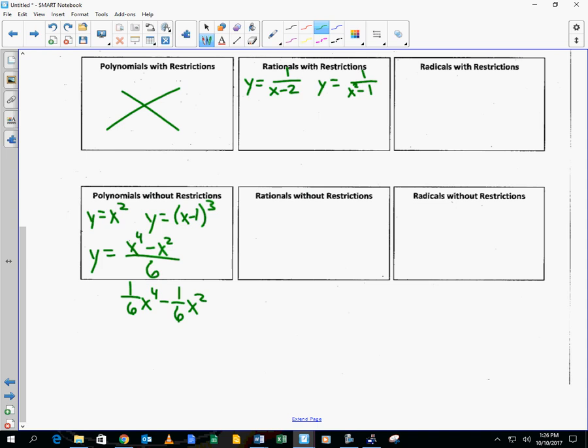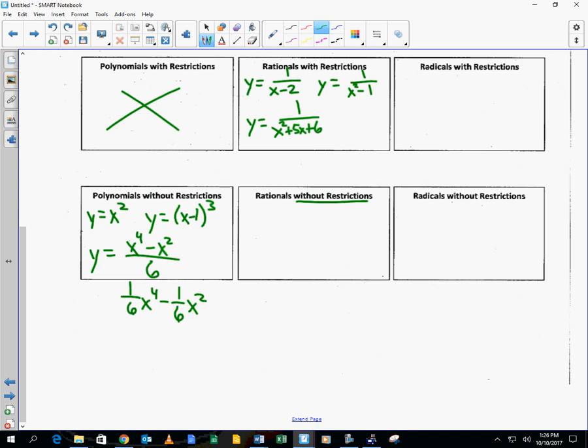But if you plug in 1 or negative 1, you'll get an undefined result. What about this? y equals 1 over x squared plus 5x plus 6. Negative 2 and negative 3. Yep, those don't work.